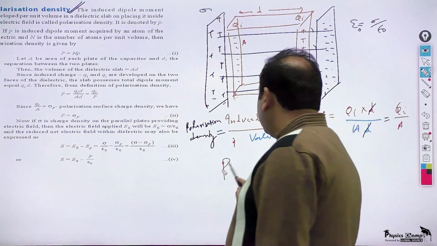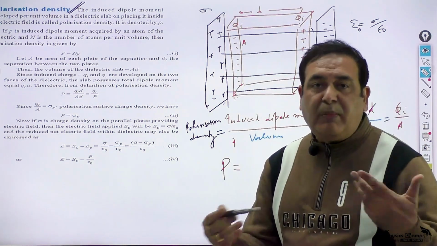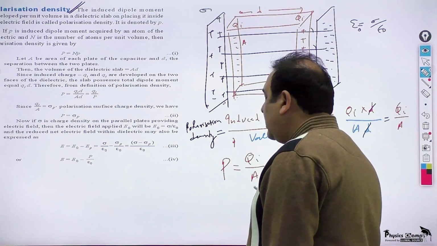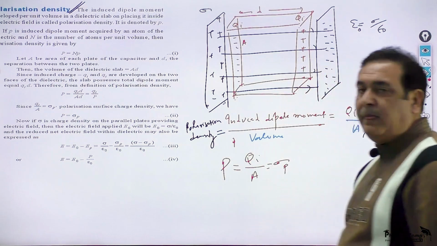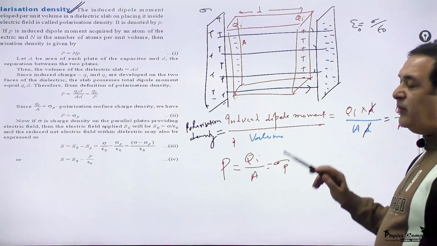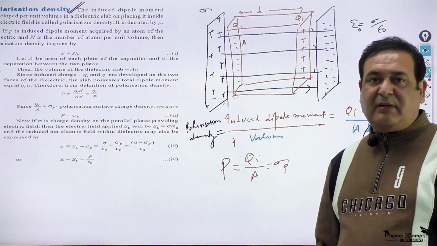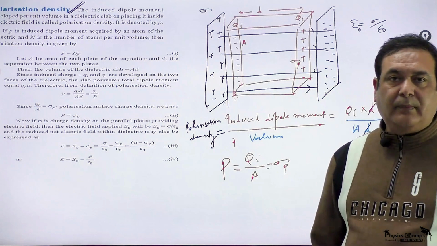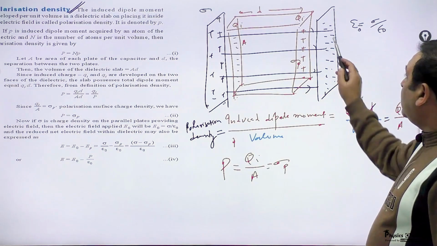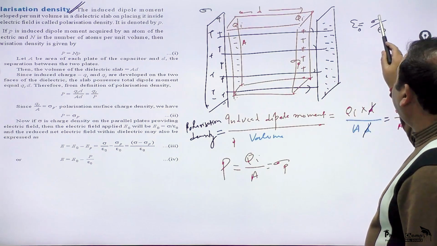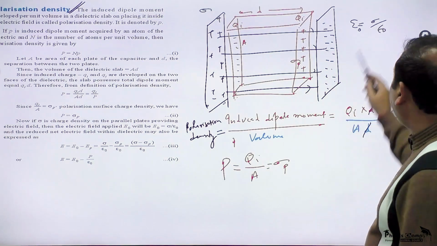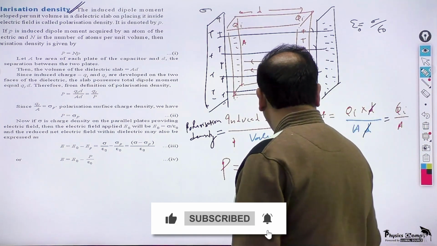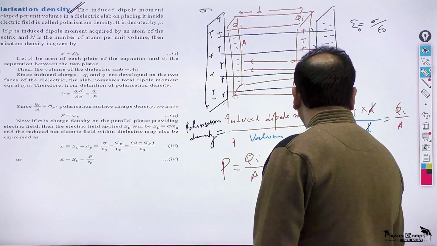Now polarization density or induced dipole moment per unit volume is also Qi by A, and this is induced charge per unit area, this is sigma p. This is surface charge density, polarized surface charge density, sigma p over here. Now, if due to the positively charged plate and negatively charged plate with charge density sigma, the electric field is sigma by epsilon naught, due to this sigma p, there will be an electric field EP, which is sigma p by epsilon naught.